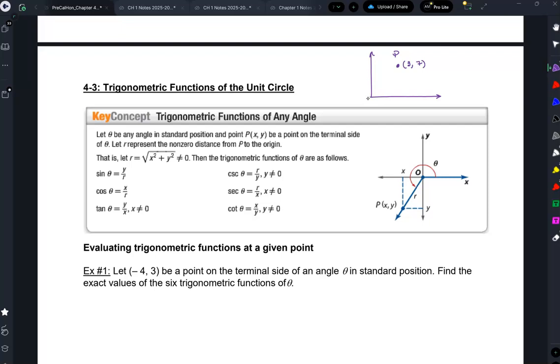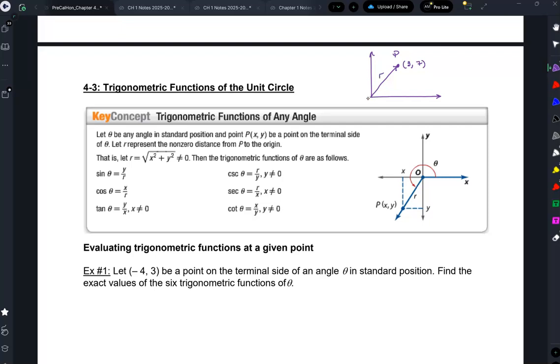Now, I can connect that point to the origin using a line. But in math, we usually use a ray, and we call it a radius. So that's what a radius would look like, so we're going to call that the radius.